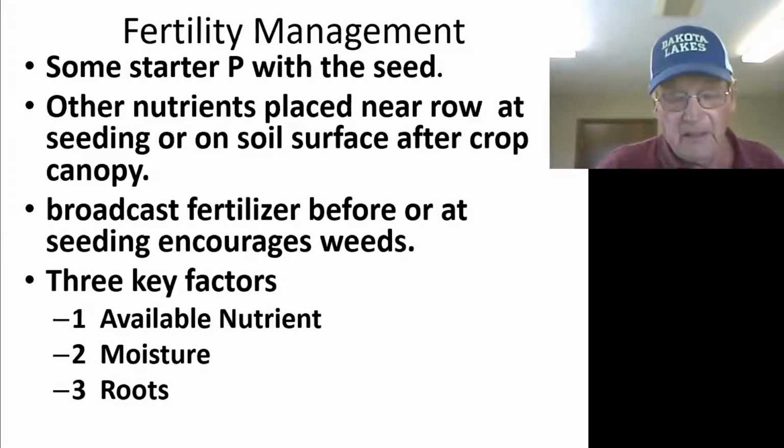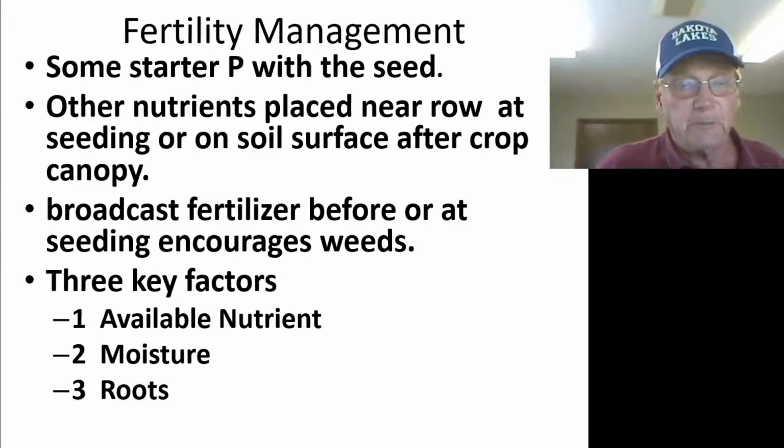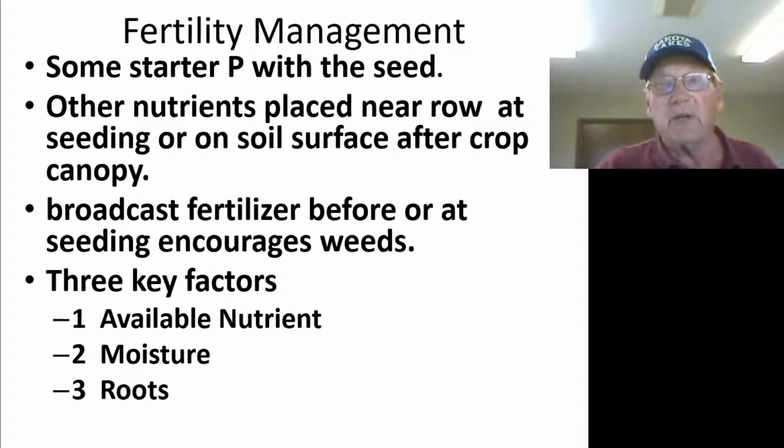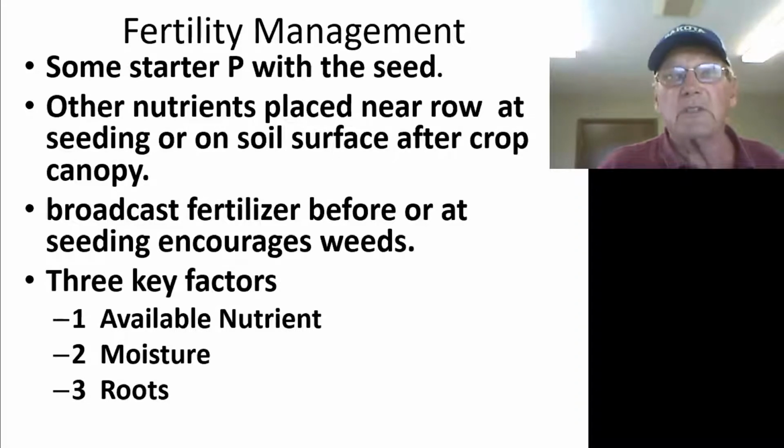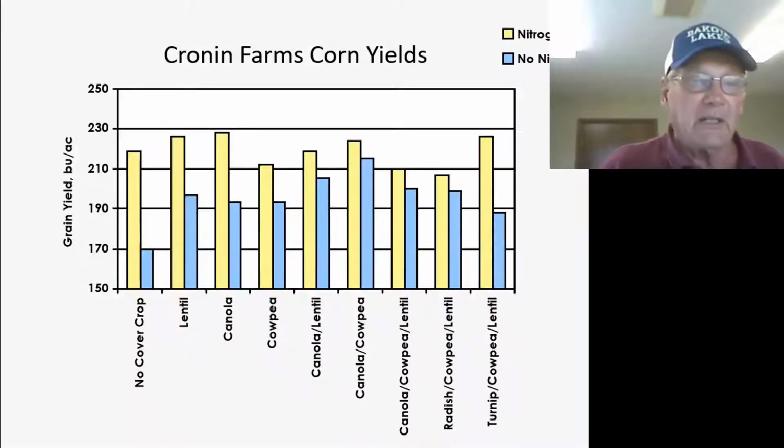So we're trying to starve the weeds as well as get that nutrient where it needs to be, the 4R thing. You have to have available nutrient, moisture, and roots in the same place at the same time. And with the mycorrhizal fungi, we have a massive root system because of them, so we can run lower available phosphorus.